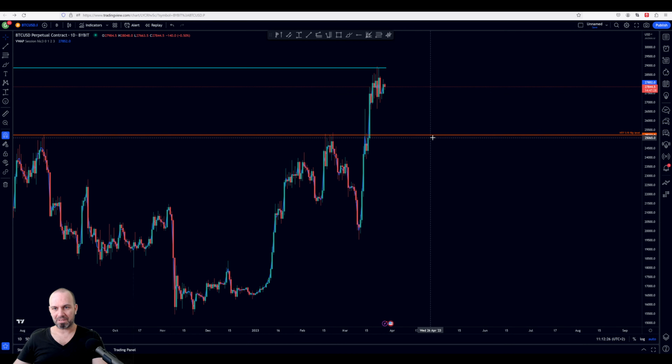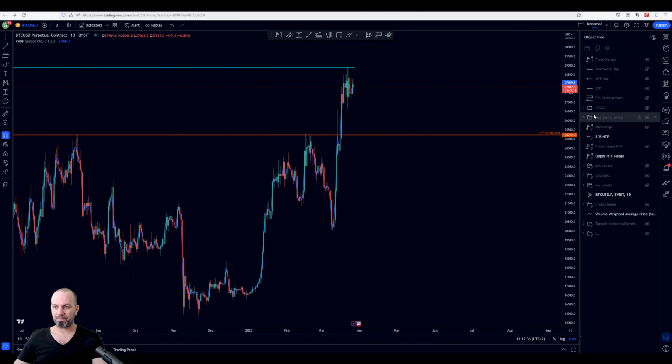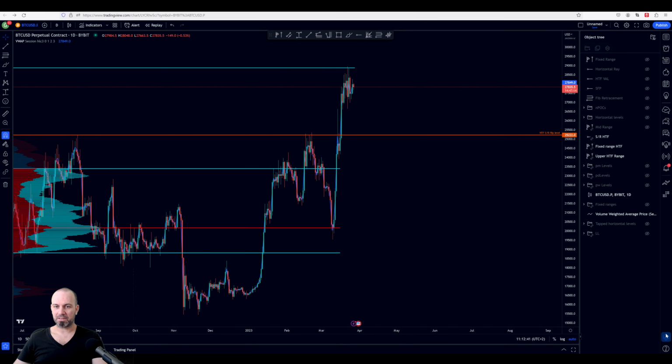If the price gets acceptance below this level, that's weakness, and the next important high time frame level will actually be this one, because lower we do have another range that will be this one, right?